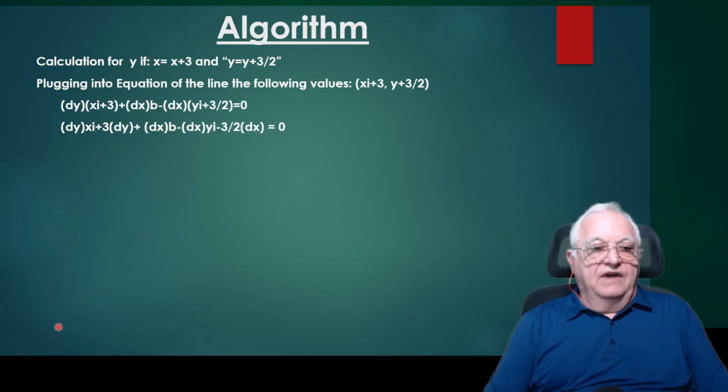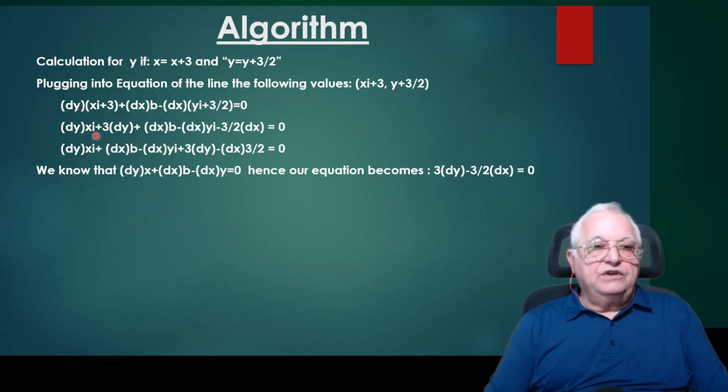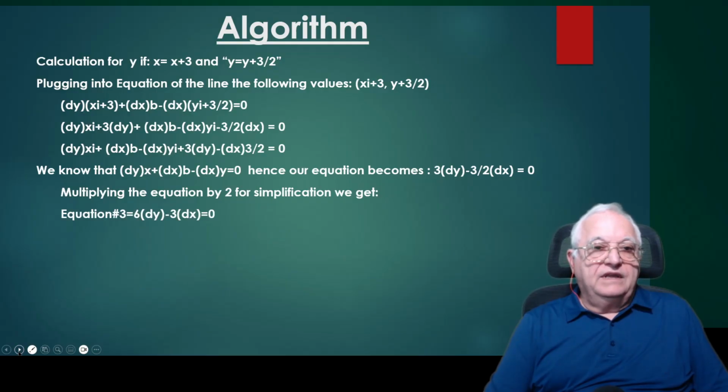We expand the equation and continue to resolve it until, as before, we get to the portion of the equation that is 0, and we are left with 3 dy plus 3/2 of dx equal to 0. Now we multiply everything by 2 to simplify, and we end up with an equation which is 6 dy minus 3 dx.